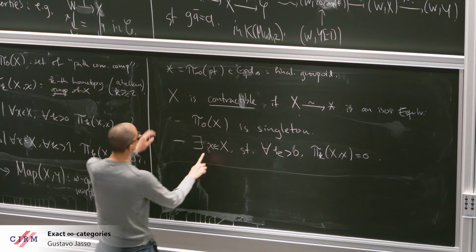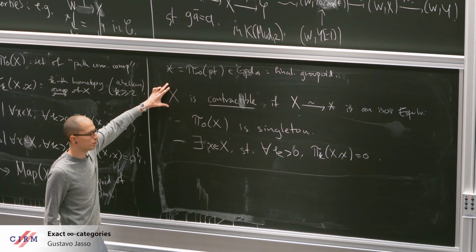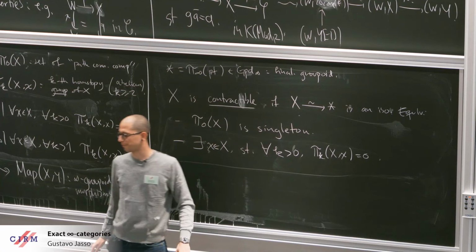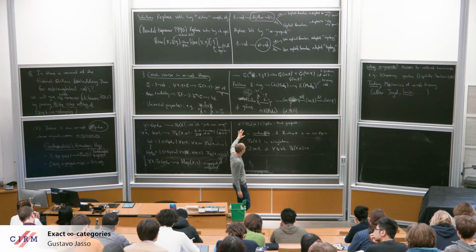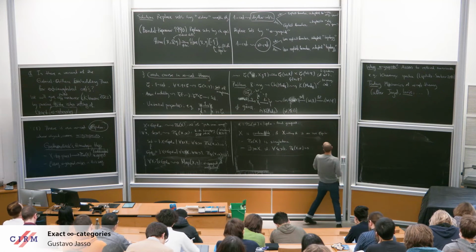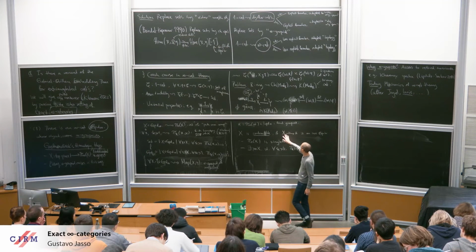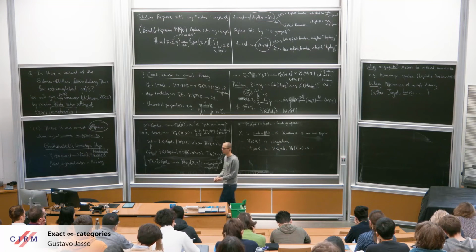So this point becomes a representative of this point inside capital X. And the path connectivity tells me that I don't need to care about which point I chose. We would like to interpret this as saying that X has essentially only one object in a very strong sense. That's the way to think about this contractibility statement.